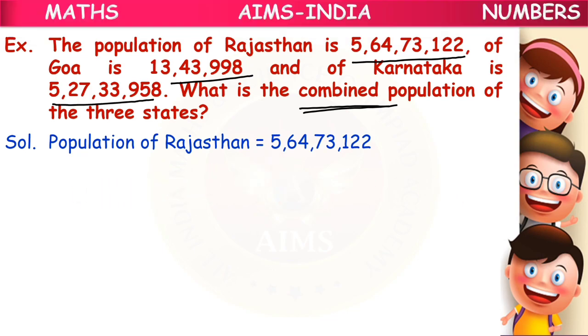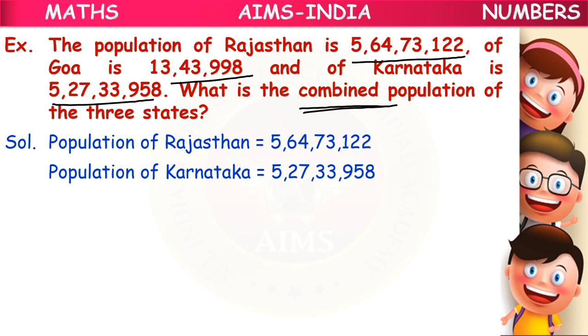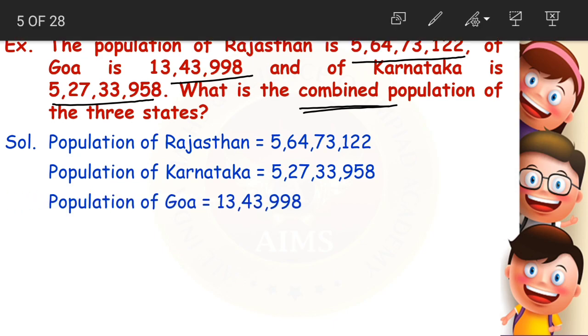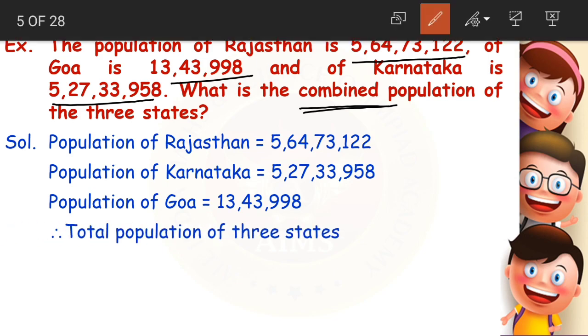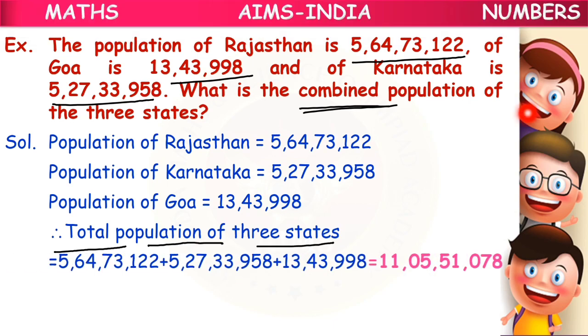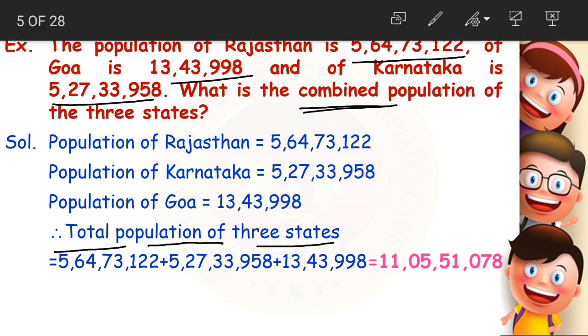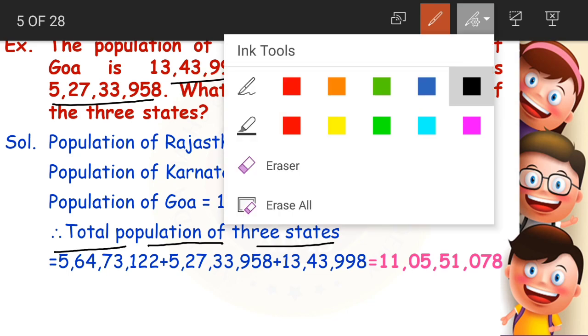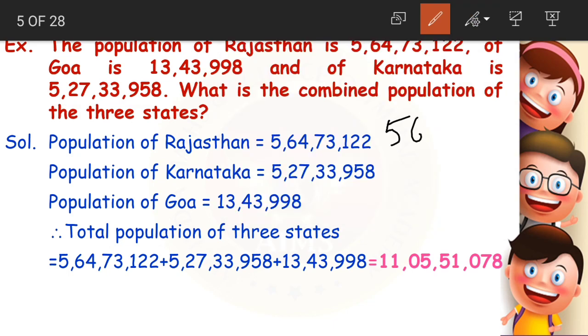First, population of Rajasthan, then population of Karnataka, and then we have the population of Goa here. Now what are we going to do? We are going to add. We are going to find out the total population. When we add all these three numbers together, again how do we add? First, sorry, let me write the numbers here. It will take a minute.